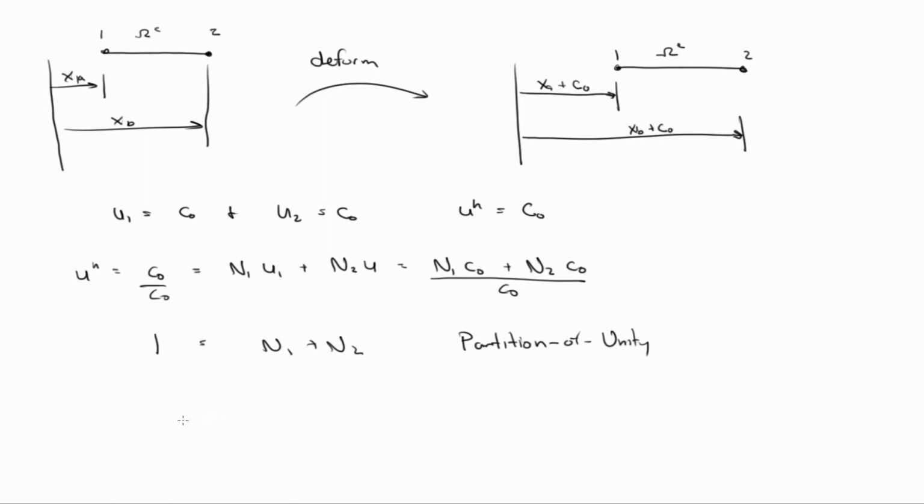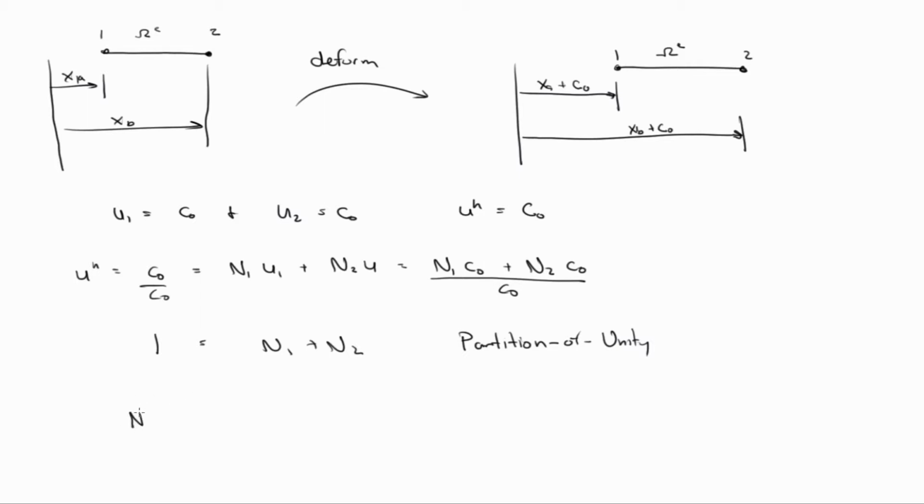But aside from that, it can just be a useful way to check your code. Once you write your shape function routines and you've computed them, if you're unsure whether they're correct, you can always just sum them up, and they had better add to 1.